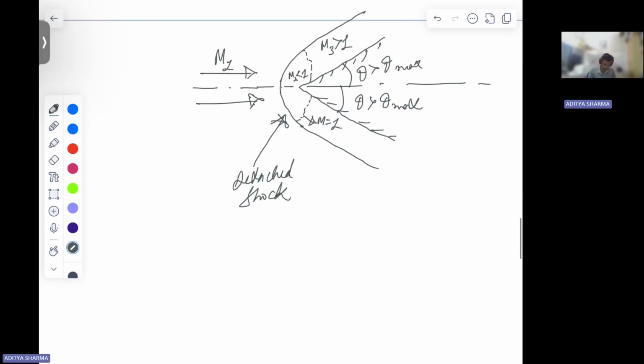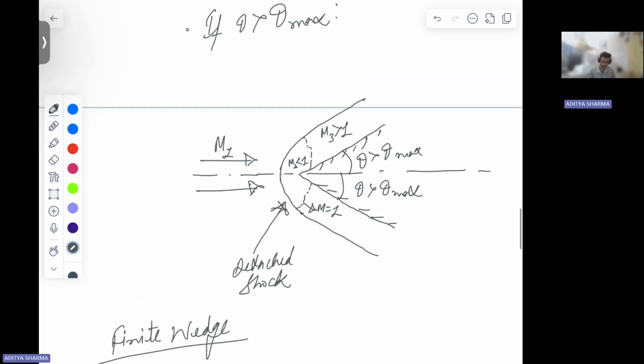Earlier we were talking about the case where this keeps on extending.